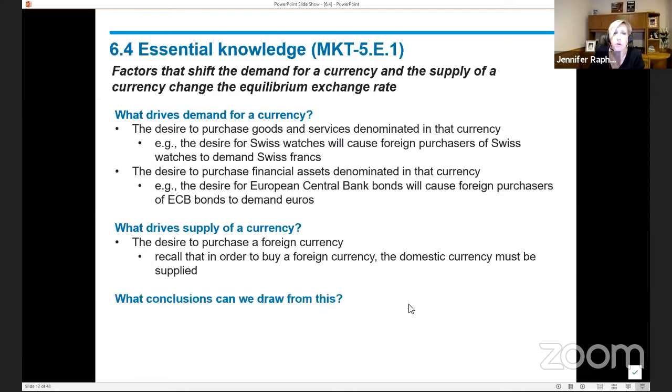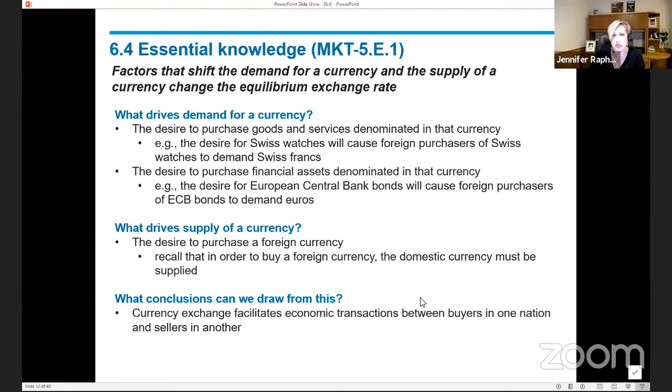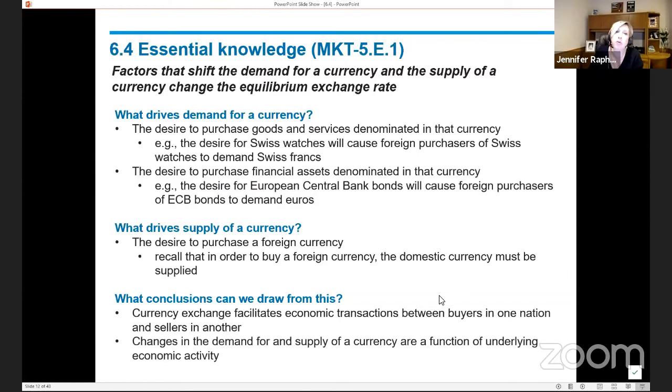So the really important conclusion to draw from this is that currency exchange facilitates economic transactions between buyers in one nation and sellers in another, regardless of which way the transaction is going. And so changes in the demand for and supply of a currency are a function of underlying economic activity.